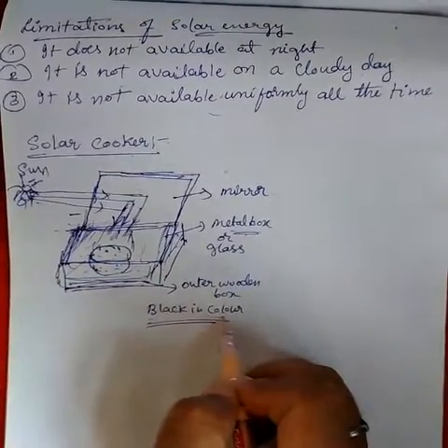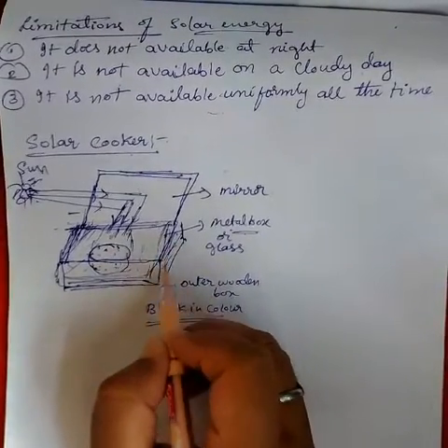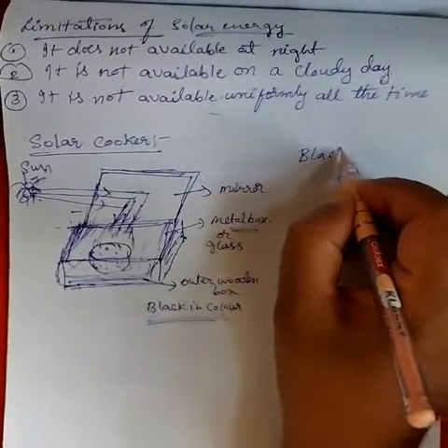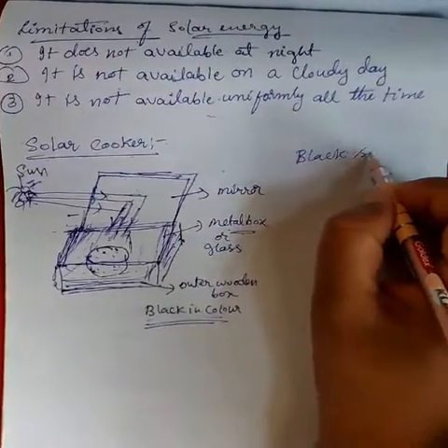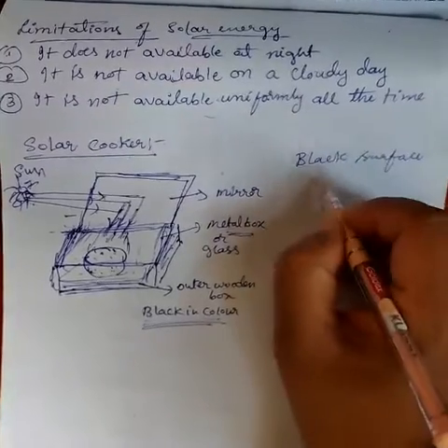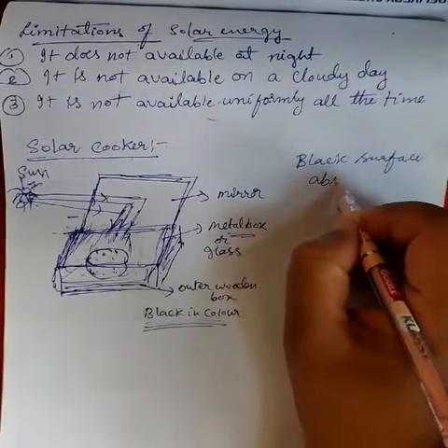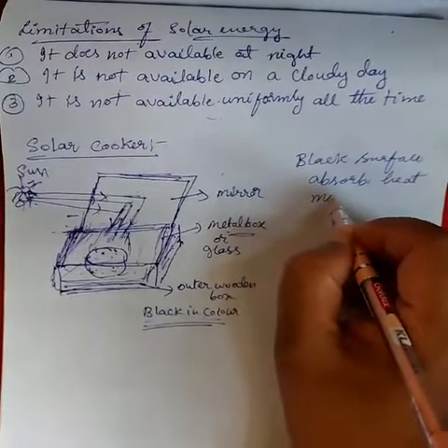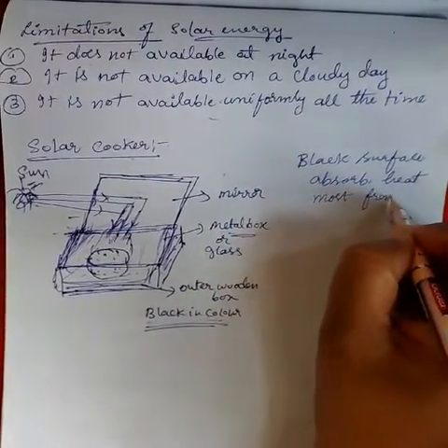So why is black color preferred? Because a black surface absorbs the most heat from the sun.